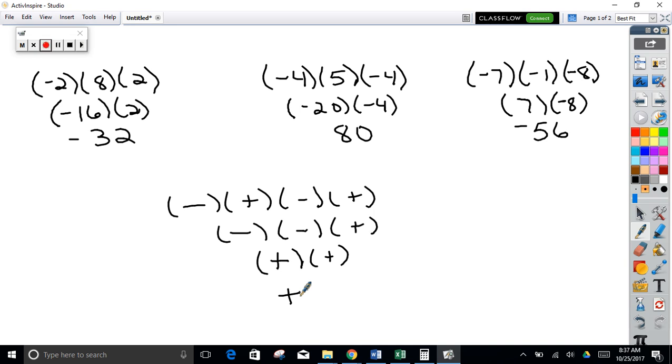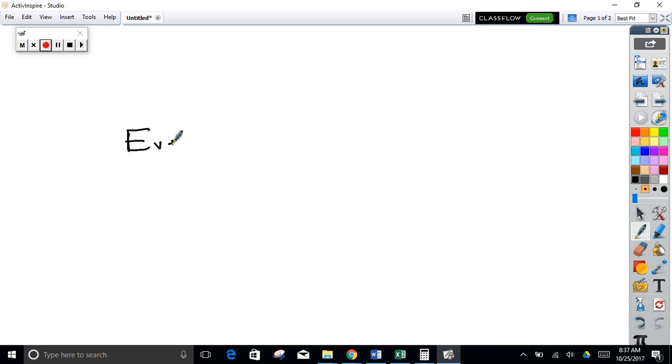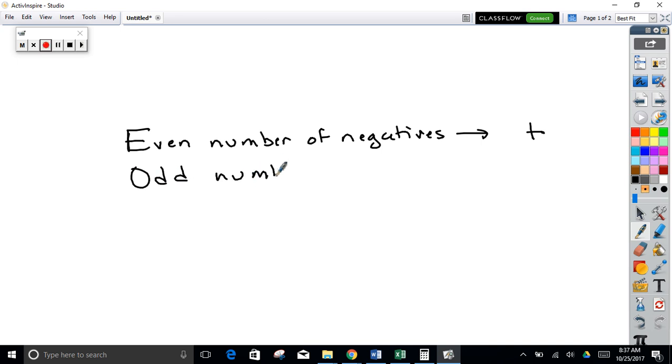So you can write that down as your general rule: even numbers of negatives result in a positive answer, and odd numbers of negatives result in a negative answer.